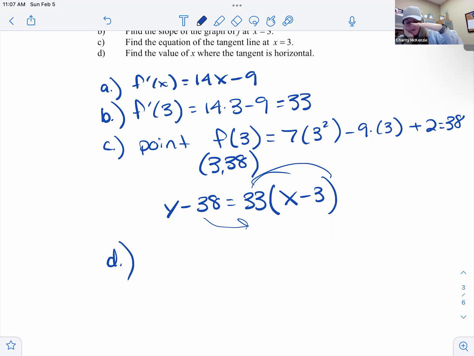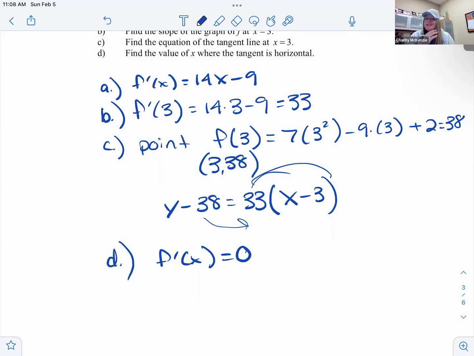So if I want to find where x is when you have a horizontal tangent line, it's really where the derivative equals 0. So I was trying to get you to think of that, but I did not say that well, right? Because what's the slope of a horizontal tangent line? 0. So the derivative tells us the slope. So I can look at the derivative and where it equals 0 if I want to find the values where the tangent line is horizontal.